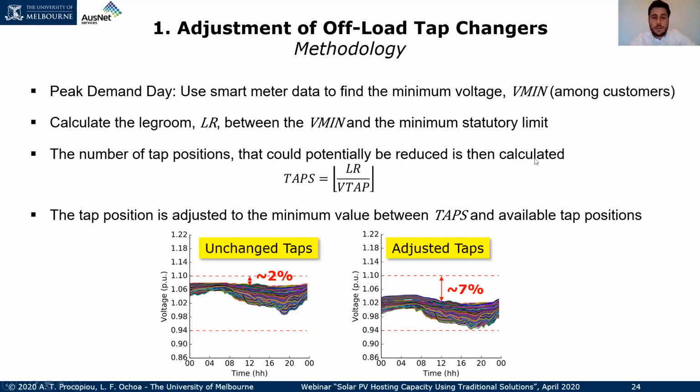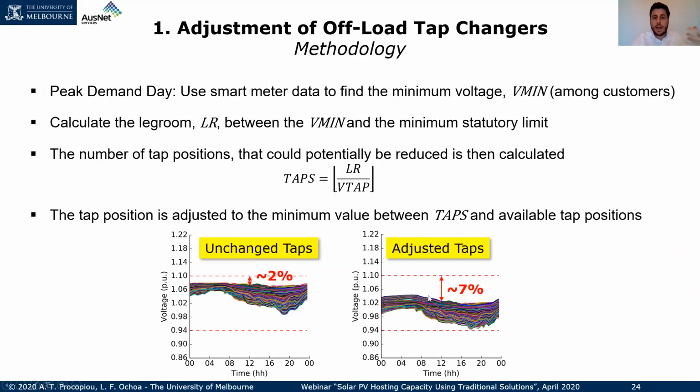To give you more understanding, we can consider these figures here, where essentially it shows a case where we have unchanged tap positions. It's working as normal, and we can see that we have a headroom of around 2% of voltage rise in this particular case. And we have a lot of legroom where we can reduce the voltages lower and therefore increase that headroom. And this is actually what is happening.